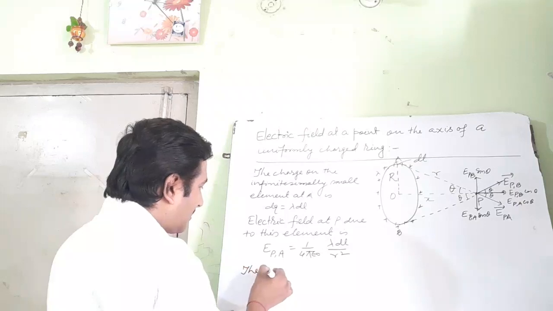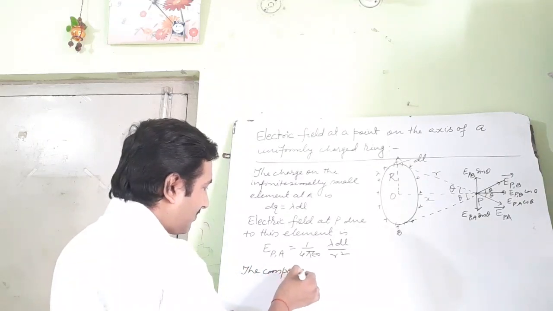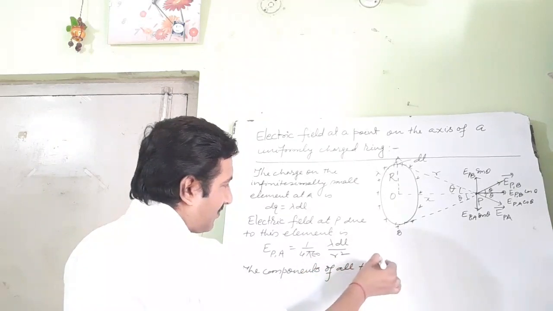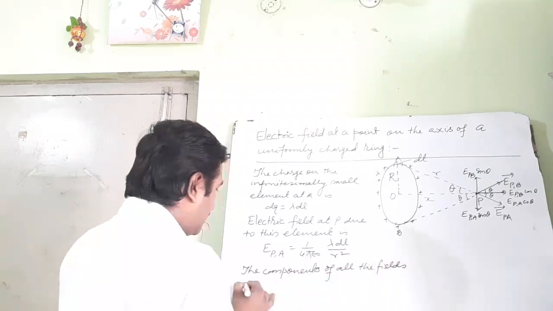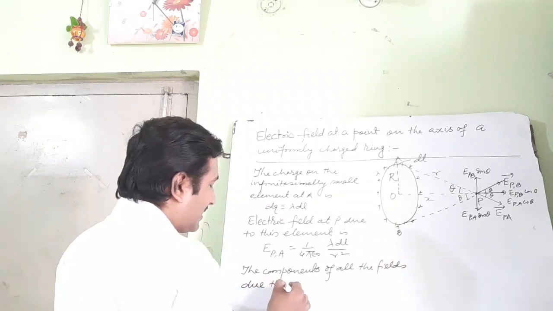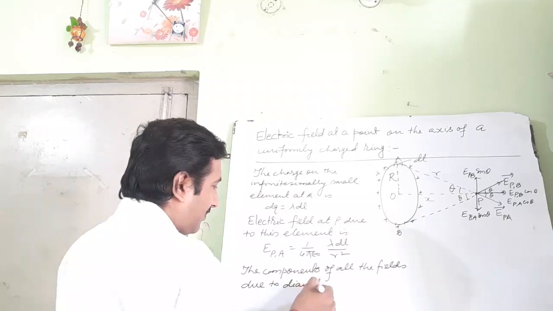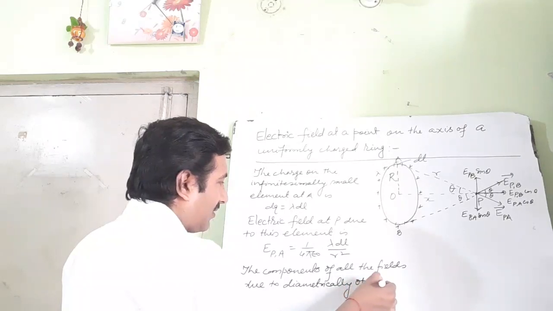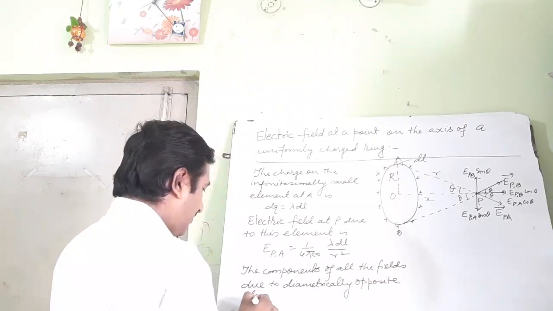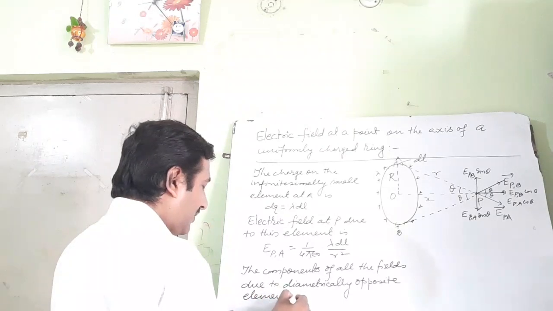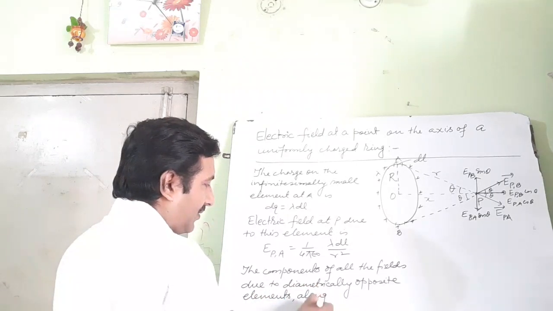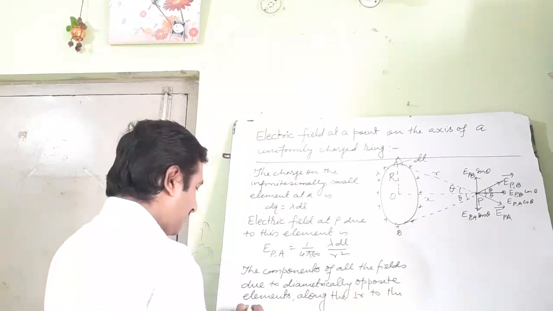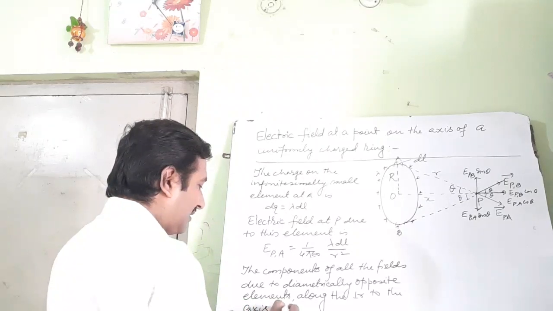The components of all the fields due to diametrically opposite elements along the perpendicular to the axis will cancel their effects.